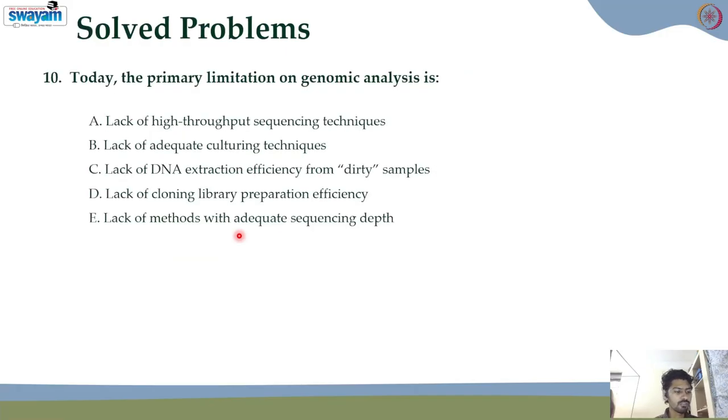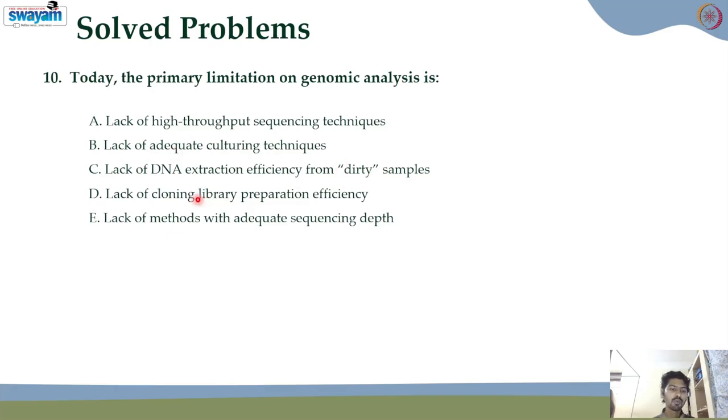So the last question for today's session is: today the primary limitation on genomic analysis is option A, the lack of high throughput sequencing techniques. Option B, the lack of adequate culturing techniques. Option C, lack of DNA extraction efficiency from dirty samples.